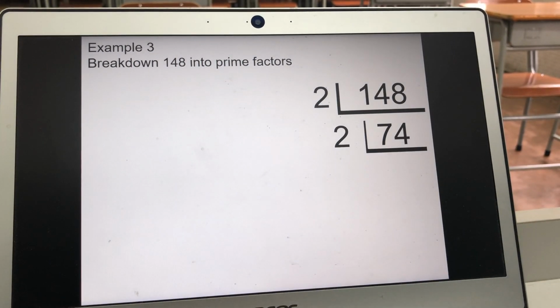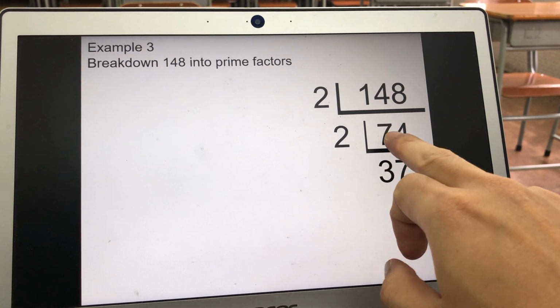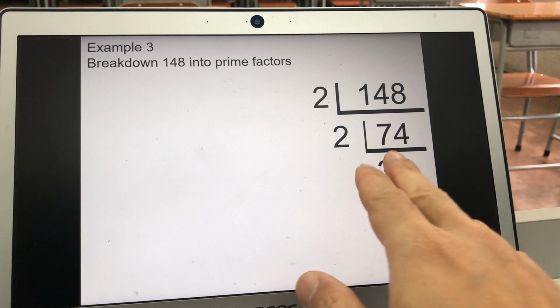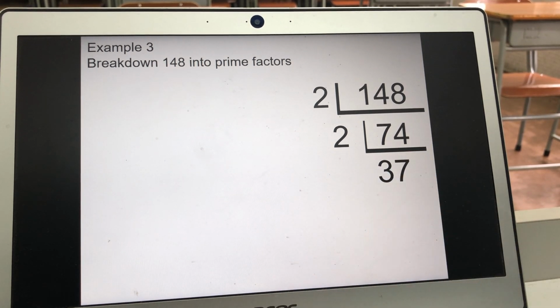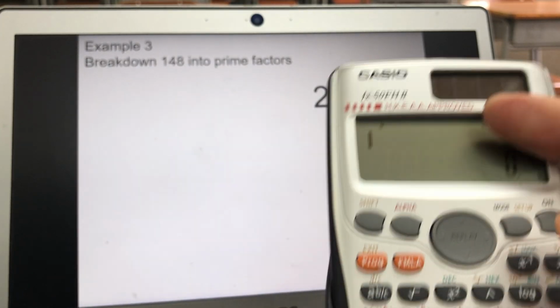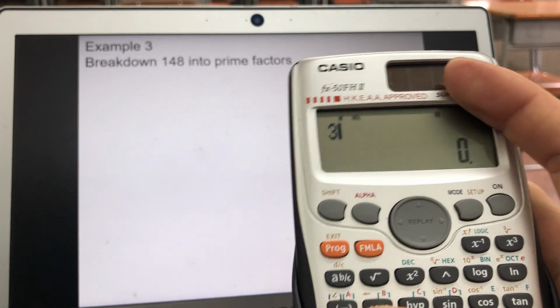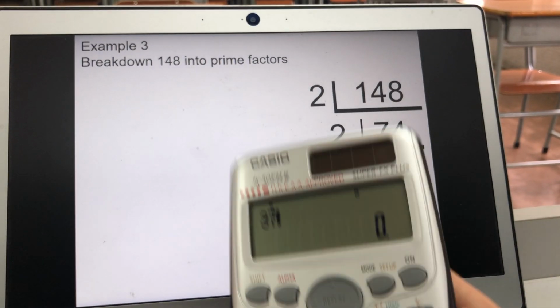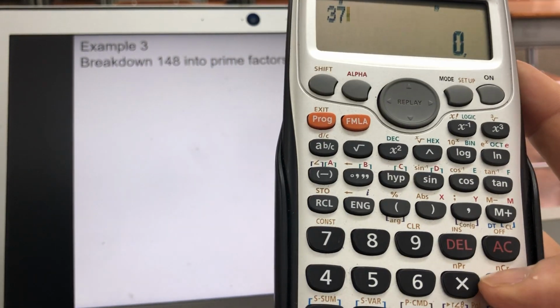So we know that 2 times 37 becomes 74. Okay. What about 37? Can 37 be divided by 2? 37 divided by 2.